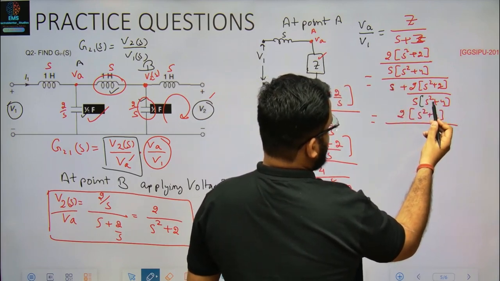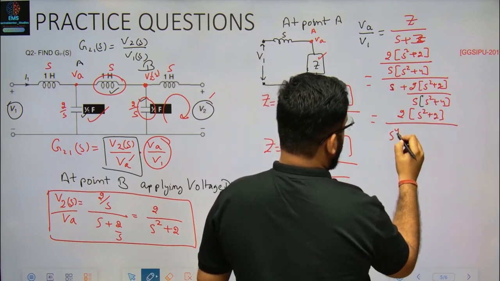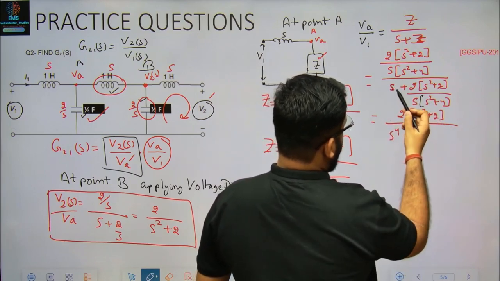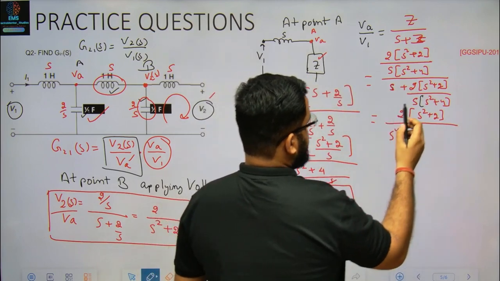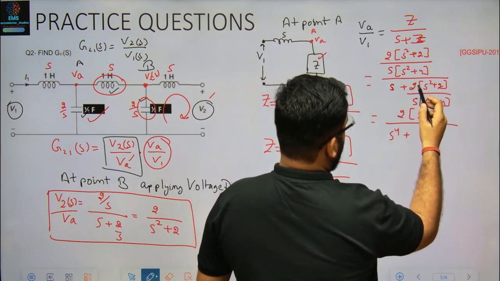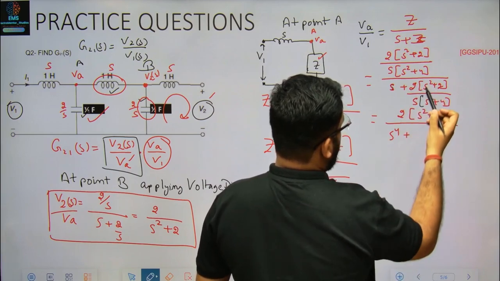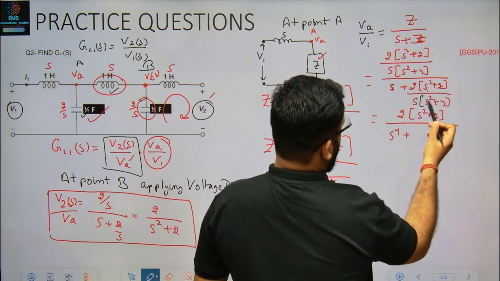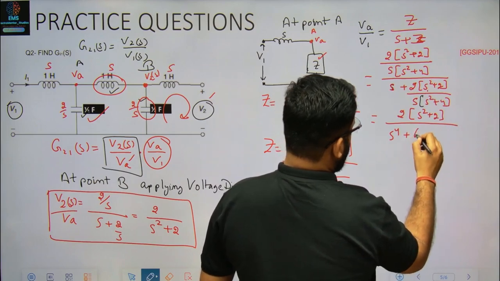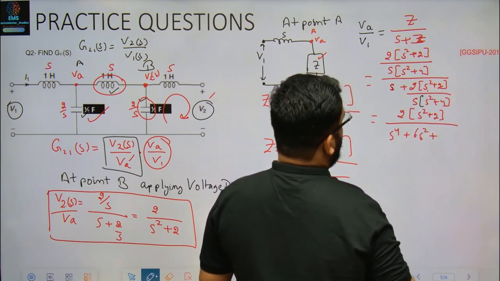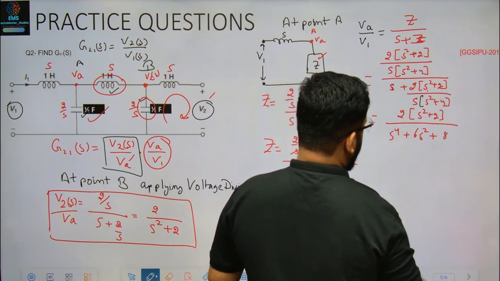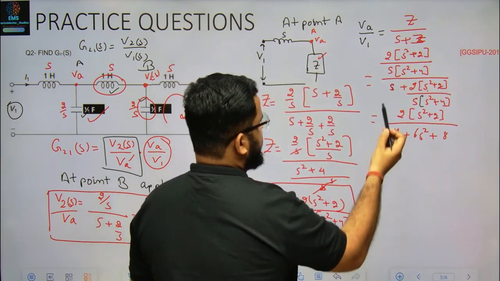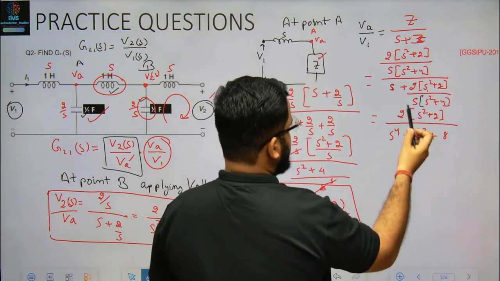So S into S square, this will be S4 plus we'll have 2S square over here, 2S square, and 4S square over here. We'll have 6S square plus we'll have 2 plus 2 into 4 plus 4, 8 over here. Just take down the calculation.